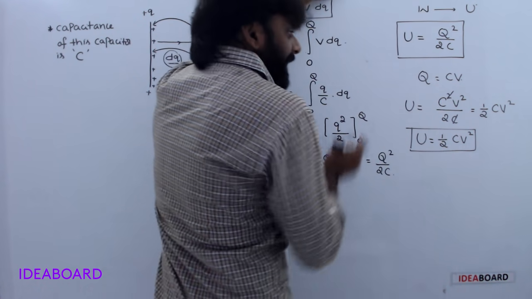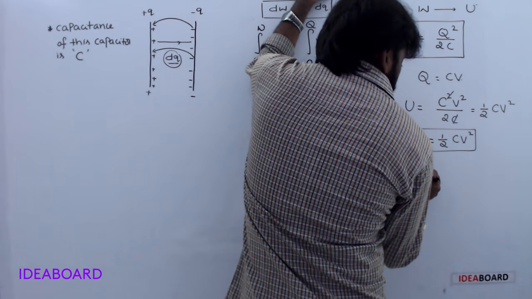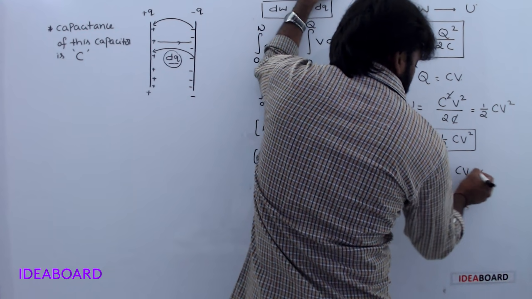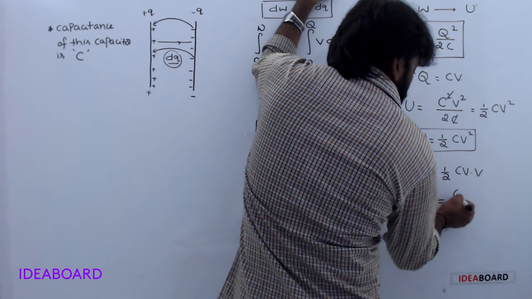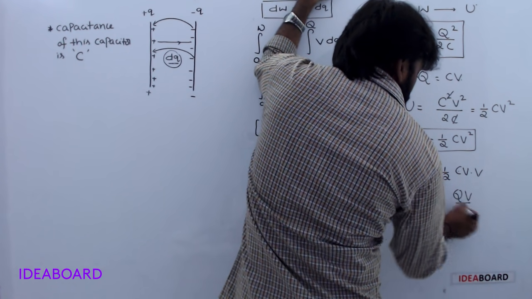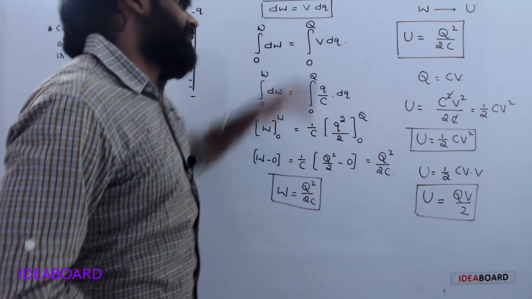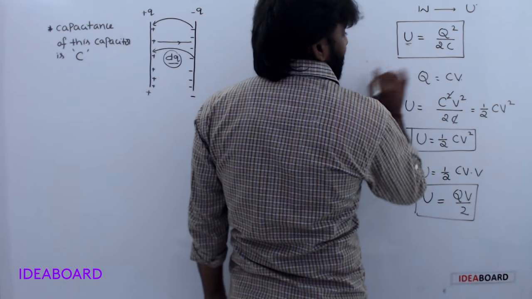Understood? Next, U is equal to half CV into V. CV is equal to Q. So U is equal to QV by 2. Understood? Here potential energy has different forms.